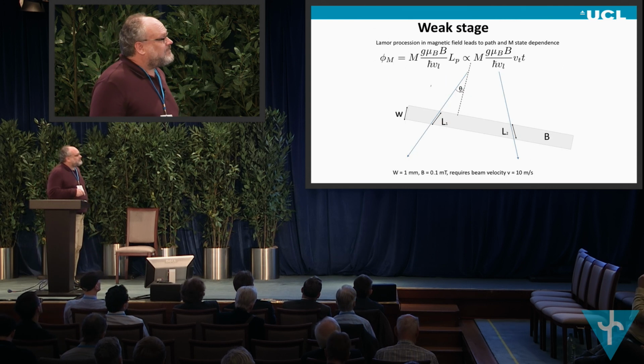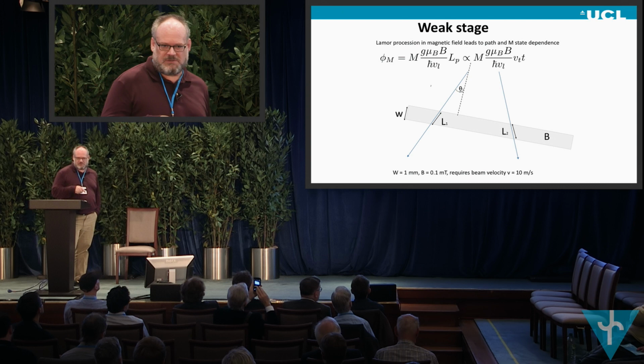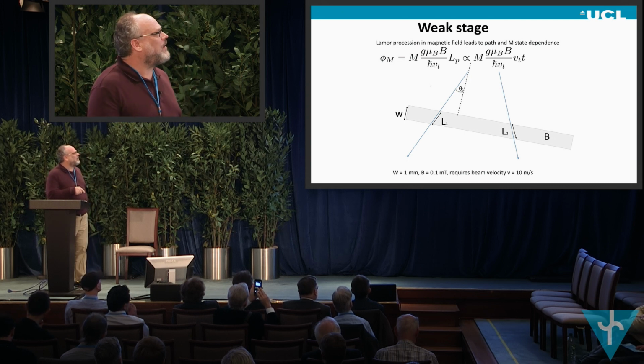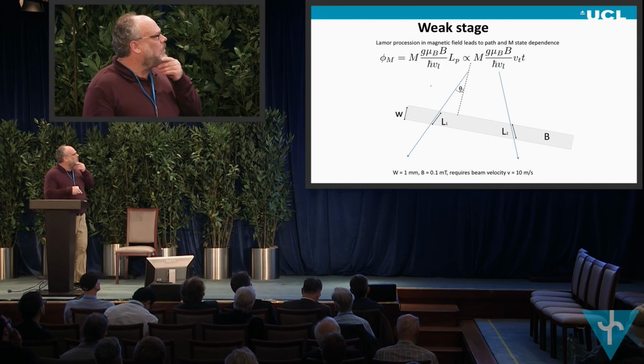So the essence of the process, though, is this weak stage. We have these different magnetic sublevels, depending on whether we put it into m=2 or we create a superposition, and we put them all through this stage.